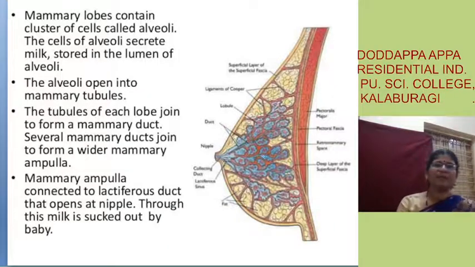Now, the mammary lobe contains a cluster of cells which are called alveoli. You will come across one more alveolus in the lungs, which is the structural and functional unit of the respiratory system. And these are the structural and functional units of the mammary glands. So these alveoli will secrete and store the milk.